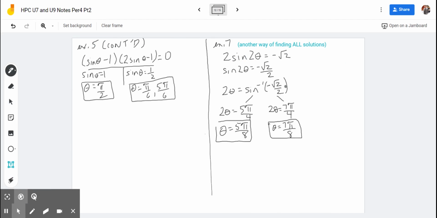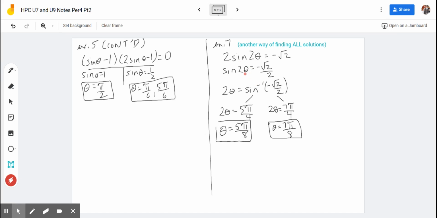All right, so on this slide we're showing you another way that we can think about finding all the solutions for this trig equation. We have the same setup that we did before: divide by 2, take the sine inverse, and then set 2 theta to each one of these unit circle values, and we get these first two solutions: 5 pi over 8 and 7 pi over 8. Now, I want you to recall the fact from before, sine of 2 theta.